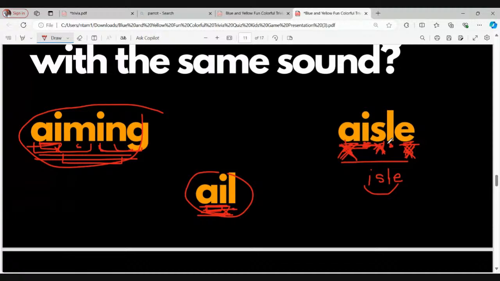That's what you call an aisle. Aiming would mean to focus on something or pay attention to something in a way that you are pointing to it. And ail, on the other hand, would be where you are facing some sort of difficulty, pain, or distress, or you are in trouble.